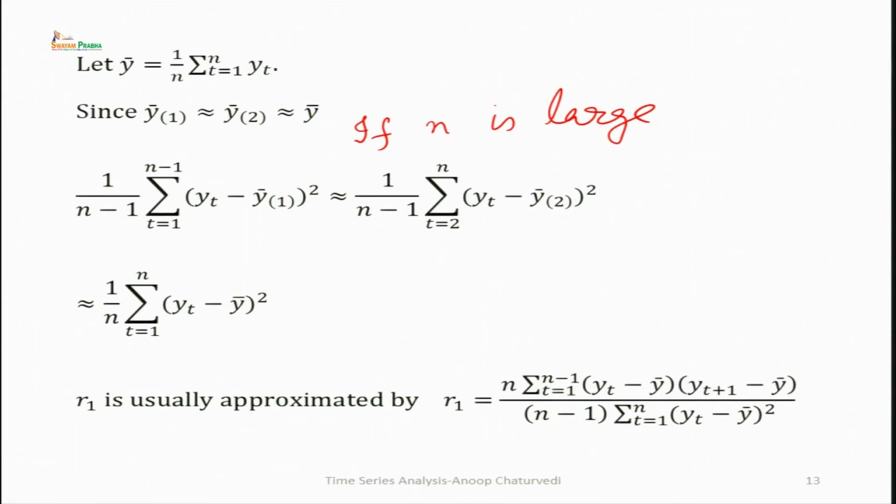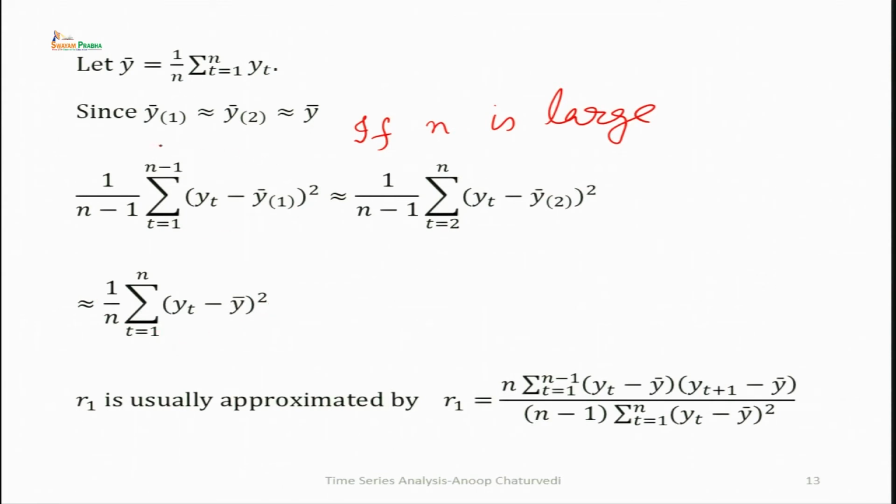Similarly, for the sample variances also, you can write 1 upon n minus 1 summation t equal to 1 to n minus 1 (yt minus y1 bar) square approximately equal to 1 upon n minus 1 summation t equal to 2 to n (yt minus y2 bar) square, and this is approximately equal to 1 upon n summation t equal to 1 to n (yt minus y bar) square. This is the variance for all the n observations of the time series.